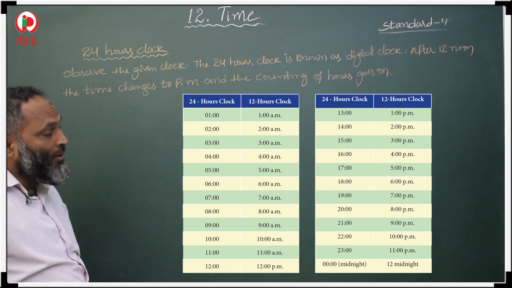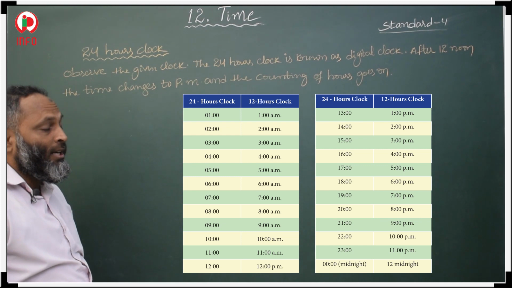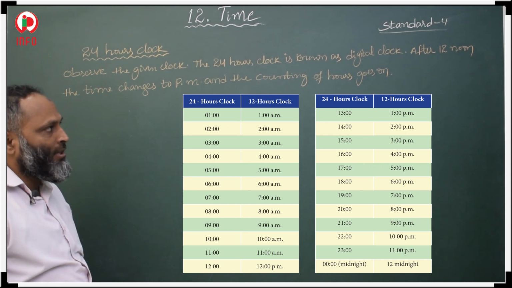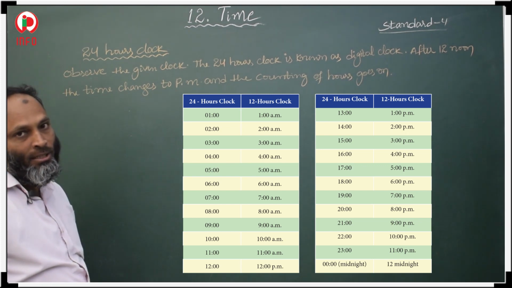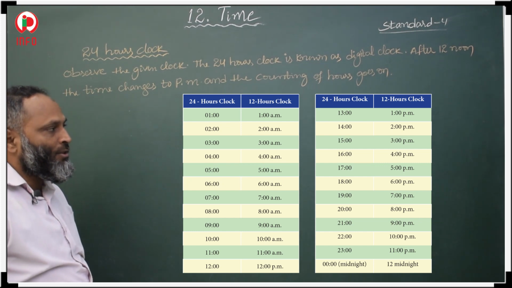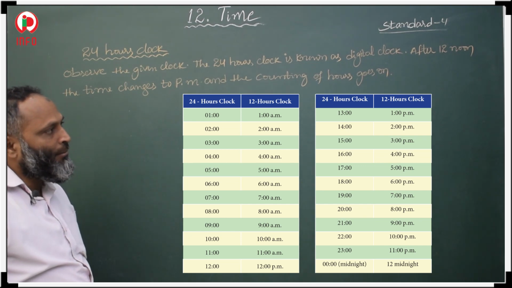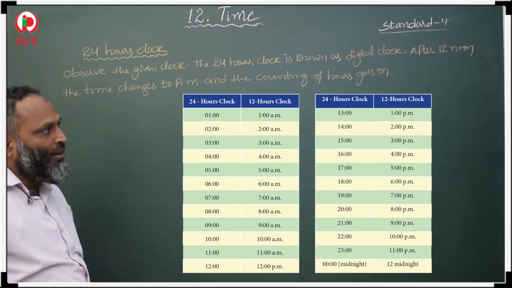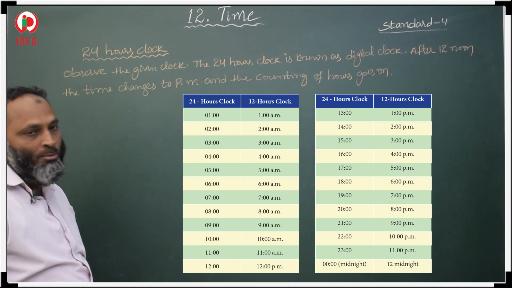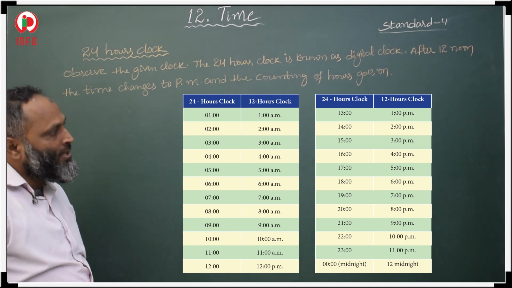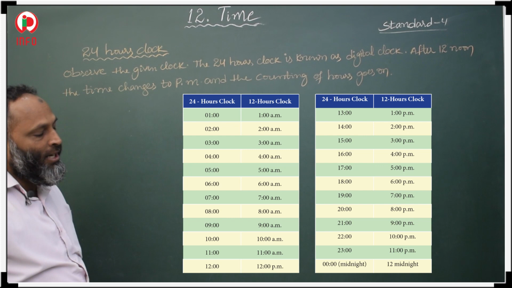After 12 noon the time changes to PM. 1 PM means 13 hours. Then 2 PM means 14 hours, 3 PM means 15 hours, 4 PM means 16 hours, 5 PM means 17 hours, 6 PM means 18 hours, 7 PM is 19 hours.